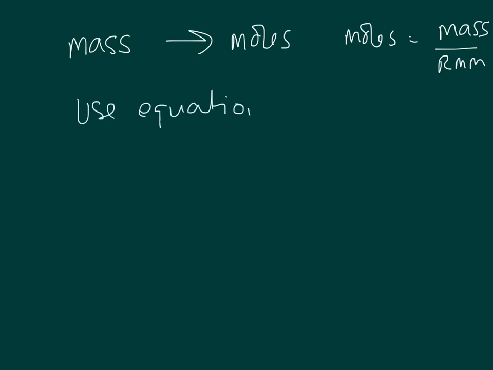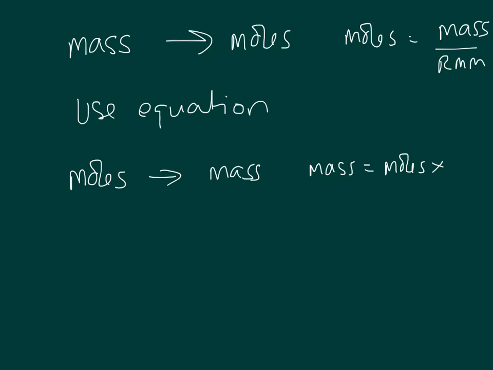to find out how many moles of the product that refers to, and then once we've converted that in the right proportions by the equation, we then need to convert the moles back into the mass, and the mass equals moles times the molar mass, or the relative molecular mass.